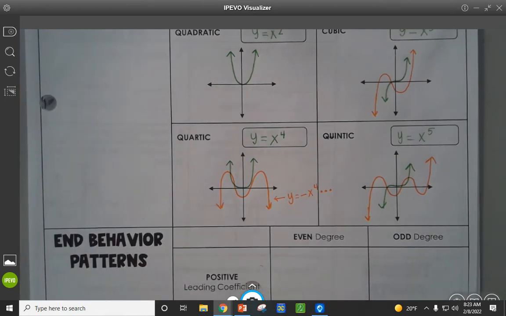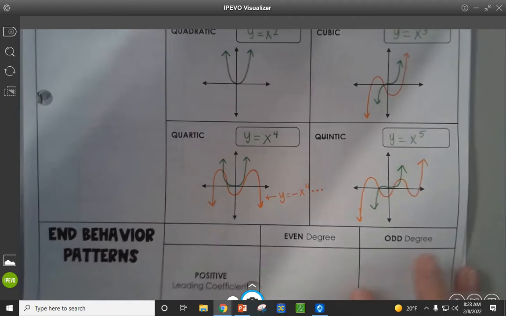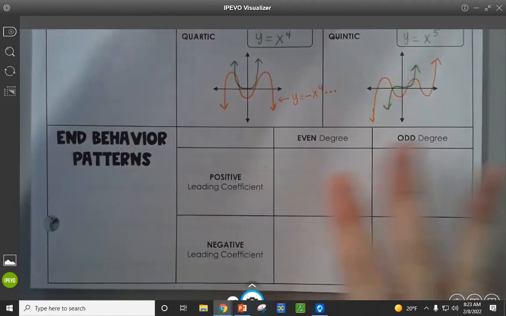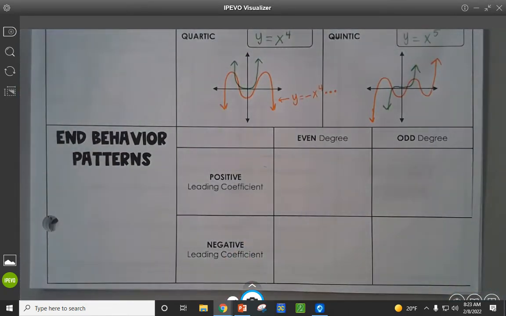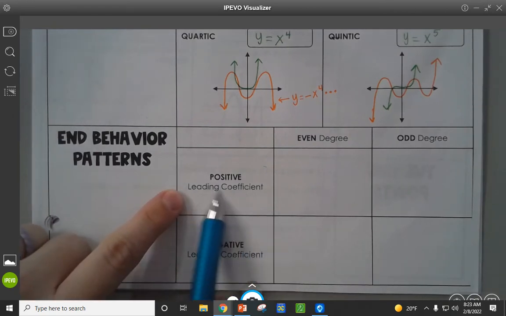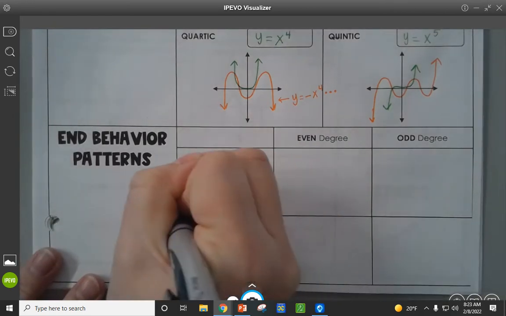So the first big thing with these graphs is identifying the end behavior, which is which direction the arrows are pointing. And there's 2 ways to tell. Now you could just type it into the calculator and look at the direction it's going, but just by looking at the equation, you can tell the end behavior. So we look at the leading coefficient.